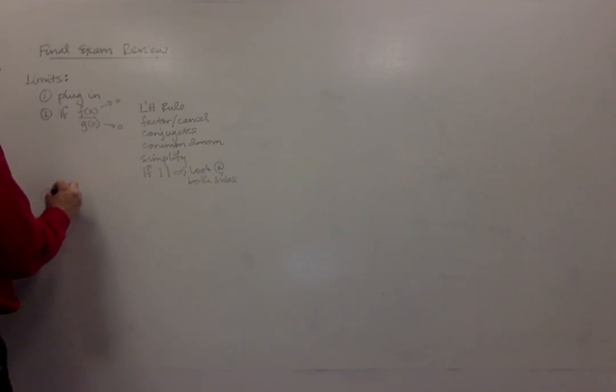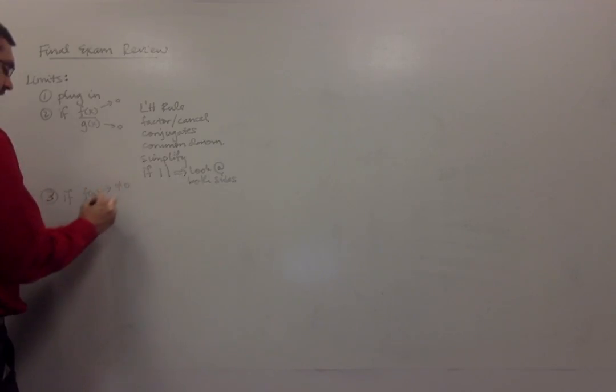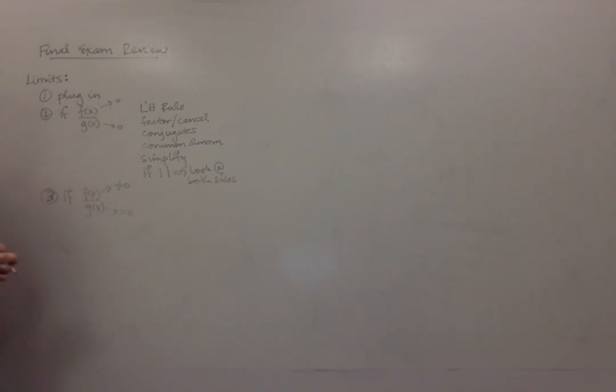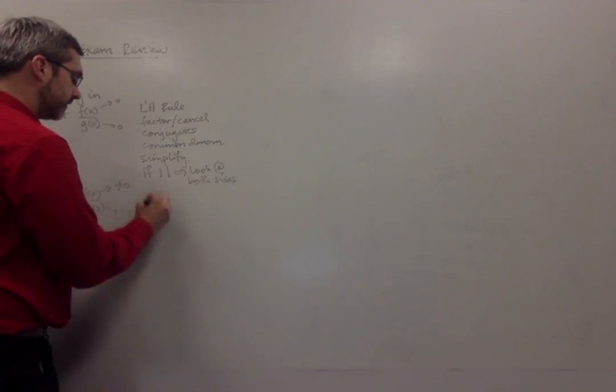One of the other things is if we had a fraction and the top is not going to 0, but the bottom is going to 0, then we know that that's going to be an infinite limit.